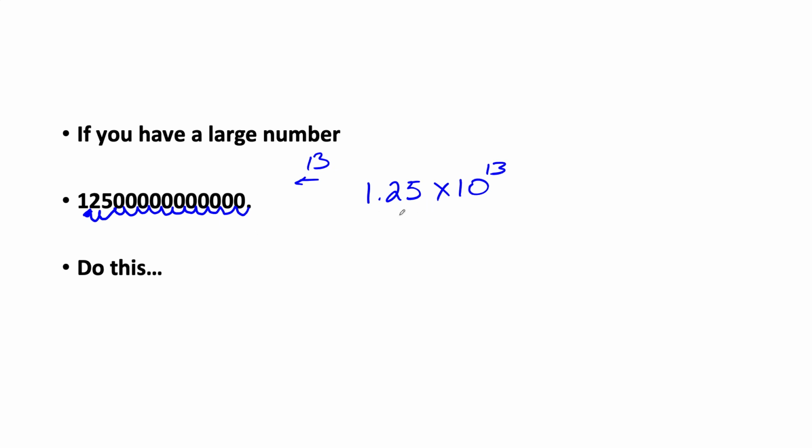And we use this for several reasons. One, we're telling you that all these zeros are insignificant. And two, this can be a lot easier to write than this in a print journal. So there are two reasons.